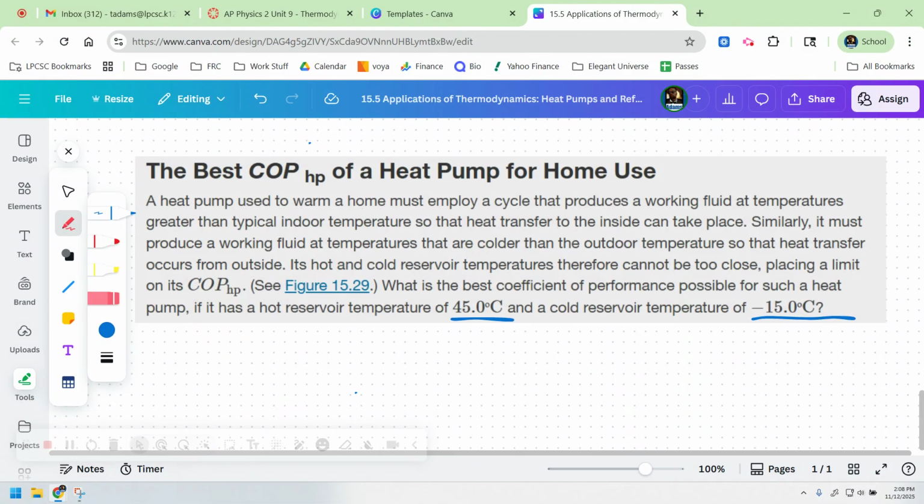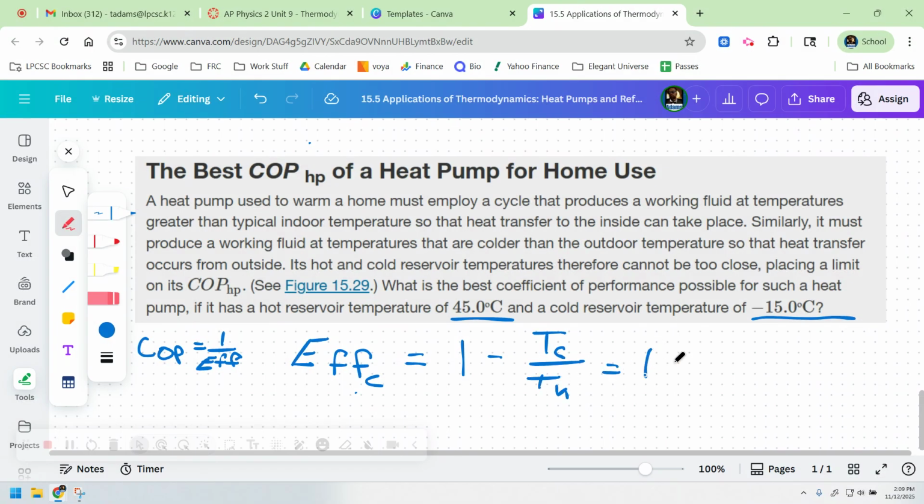Okay, so we start off with the efficiency. So the efficiency of a Carnot engine, right? We're assuming this is ideal. That was Carnot's big thing. And then we'll plug this in. Where I'm going with this is we know that COP is equal to 1 over efficiency. So I'm just going to calculate this because I have the numbers.